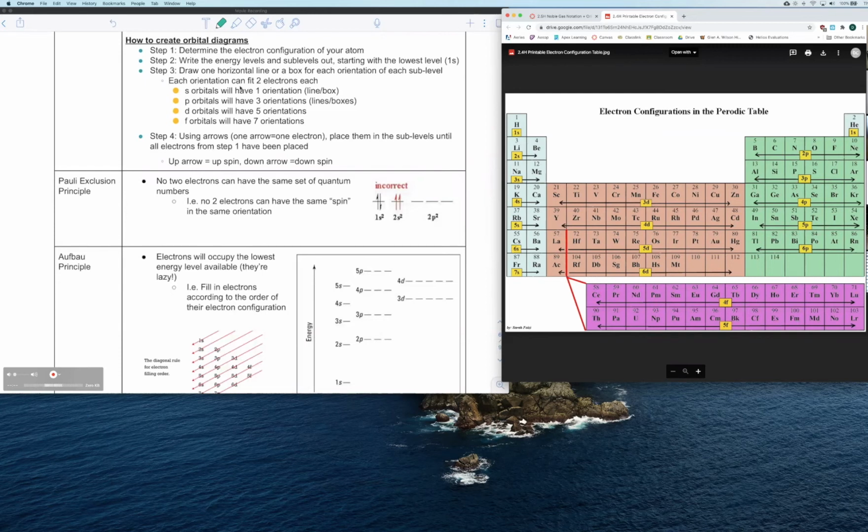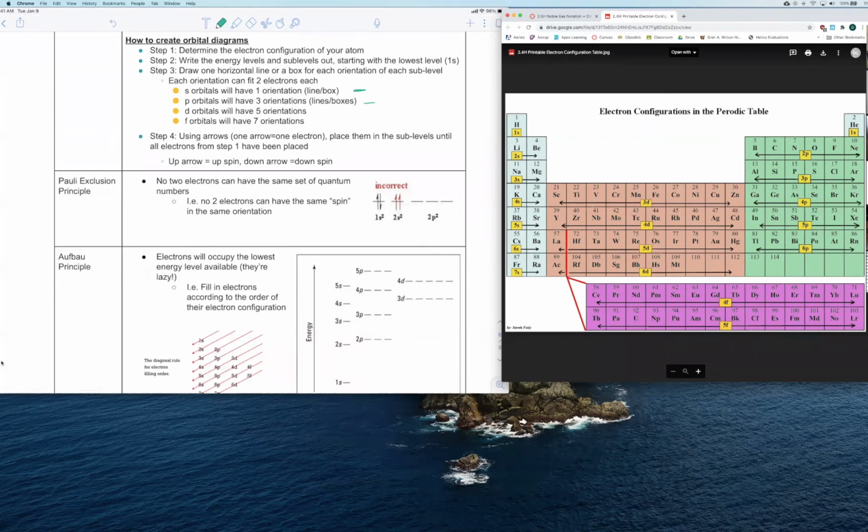So each orientation of your sublevel can fit 2 electrons each. So s orbitals will have 1 orientation, like we said above, because they have to be in all the axes. And then p orbitals will have 3 orientations, d orbitals will have 5 orientations, and then f orbitals will have 7 orientations. So I'm going to literally just draw out the lines or boxes.